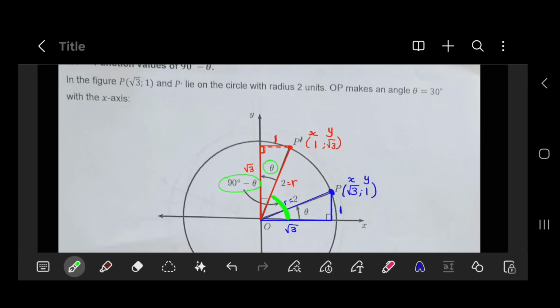Because if this is theta and a quadrant is 90 degrees, let me just show you here. If that is theta and a quadrant is 90 degrees, this angle should be 90 minus theta, which is exactly what we have going on here. Now that we have made sense of the information that we have on the diagram, let us look at the questions.